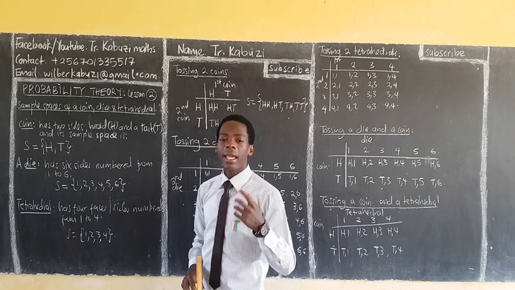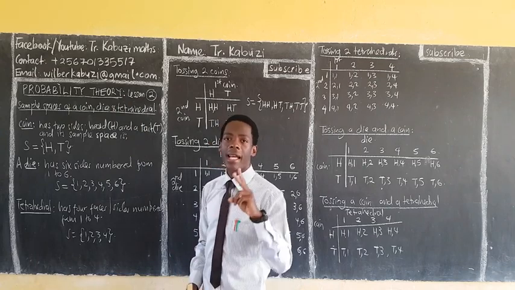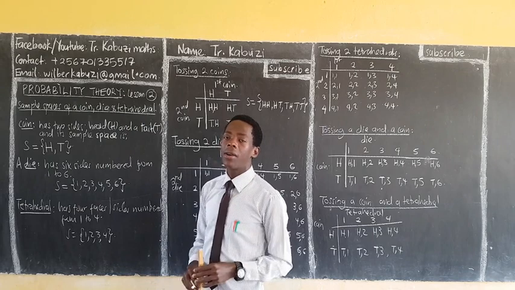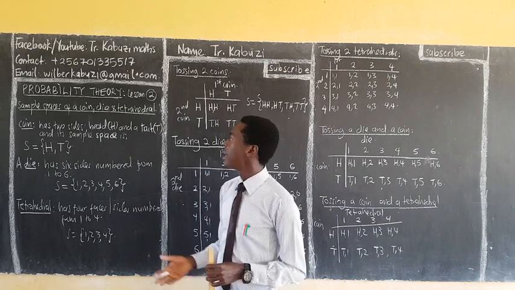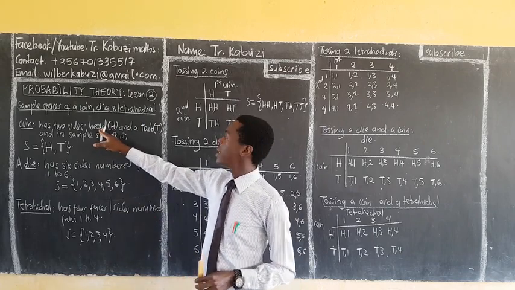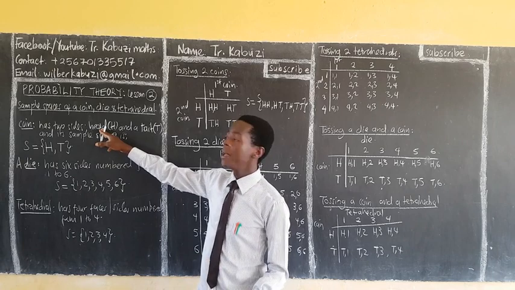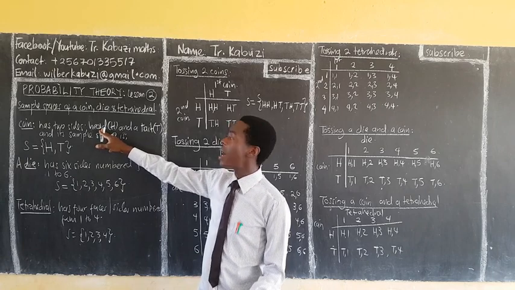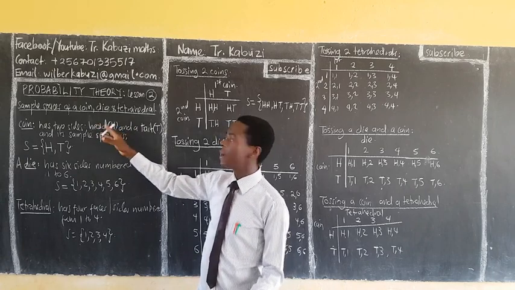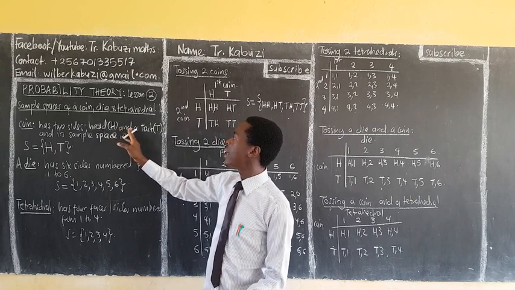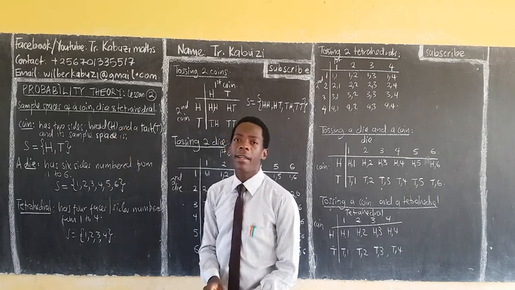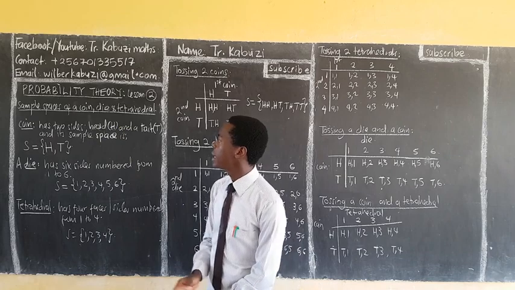If you consider a coin, it has two sides, or faces, as some people call them. The upper side, we call it the head. Then the tail is the one which has the coat of arms.